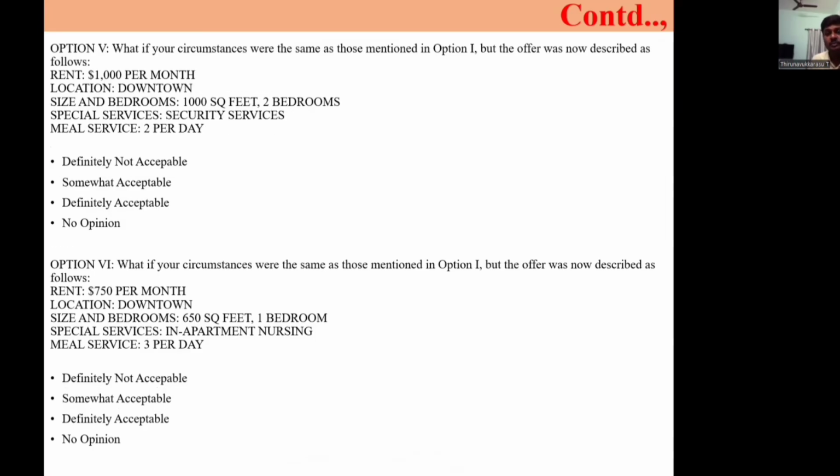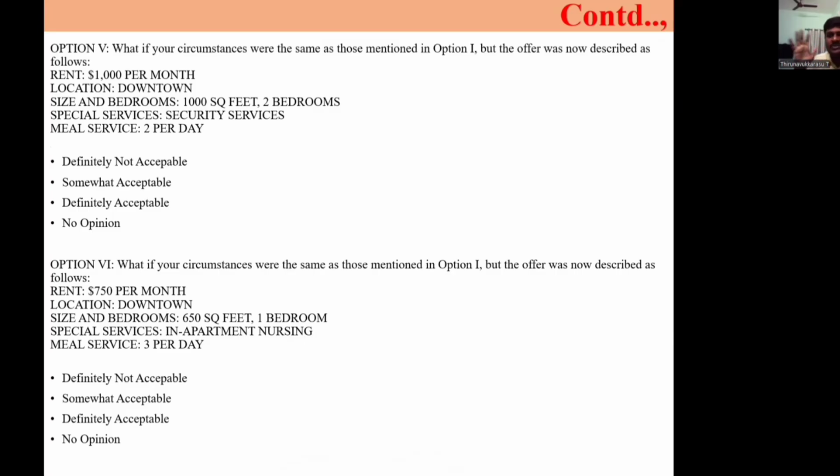Option 5, $1,000 per month as rent, downtown location, 1,000 square feet house with two bedrooms, security services are there, and two meals per day provided. And then option 6 is $750 per month, located downtown, the size of 650 square feet, one bedroom. Special services are apartment nursing, and meal services, three per day.